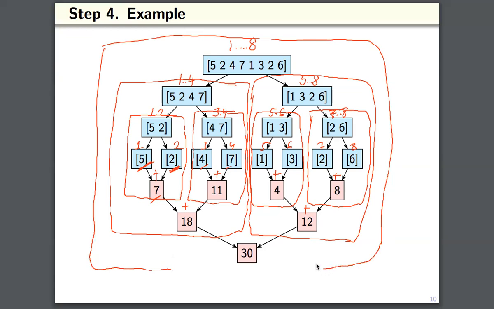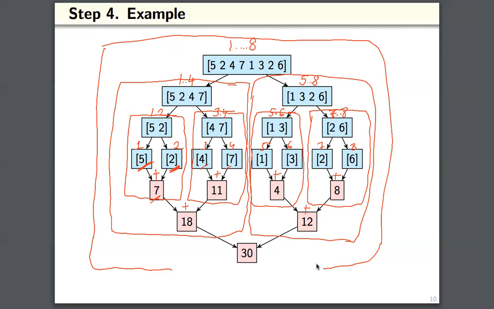Make sense? So, Professor, the overall point of this is to take a problem and keep dividing it until we get an O of 1 solution to get the final answer, right? Because now each of these additions is just constant time. For array sum, it is constant time. Yes.